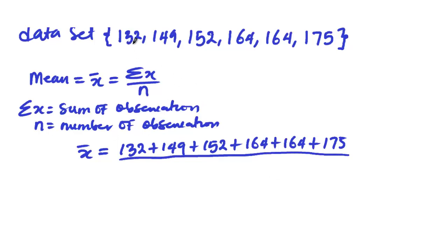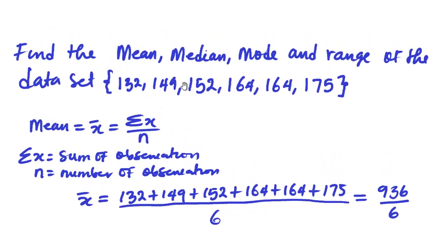How many observations do we have? 1, 2, 3, 4, 5, 6, divided by 6. If you add this, it will give us 936. So that will be 936 divided by 6, which from my calculation will give us 156. So the average of this data is actually 156.